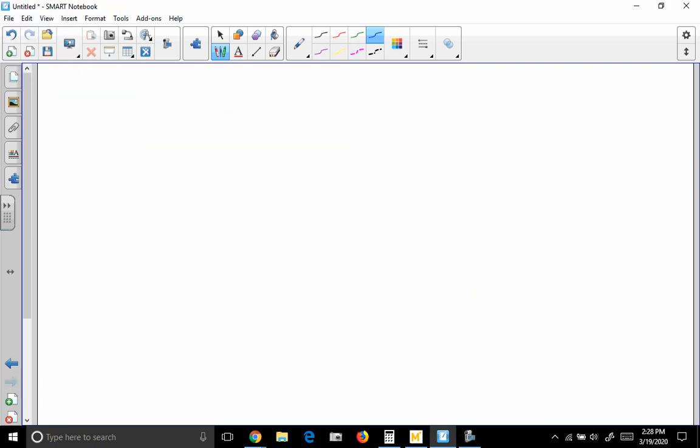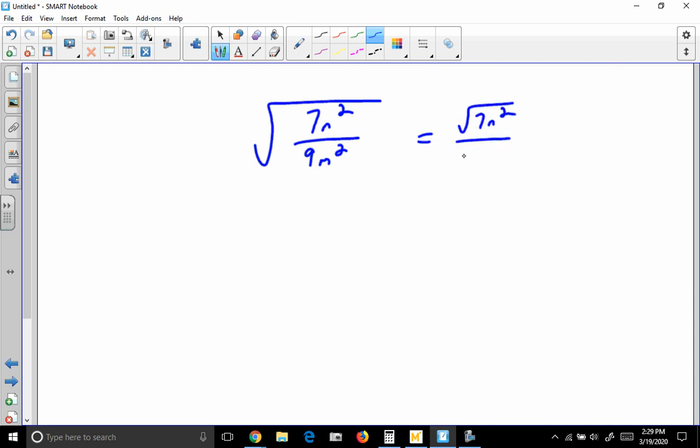So the last thing I want to mention here is just the quotient rule, which essentially means that if we have a quotient, a fraction under our radical, that's equivalent to taking the root of the numerator and the root of the denominator. So these two things are interchangeable.